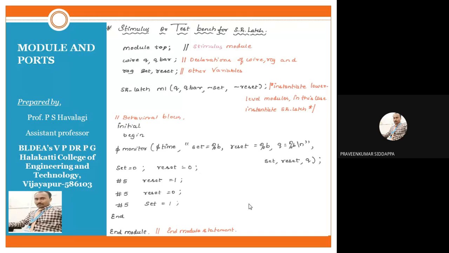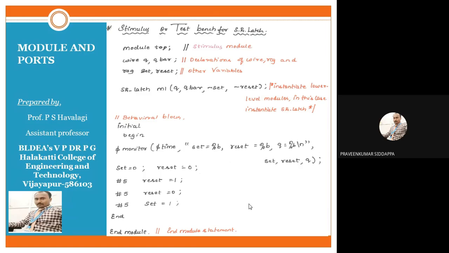We don't write the output. If you write the output, then there is no need to write the code. Is it clear? So only we should write the inputs: set equals 0 and reset equals 0. These two inputs we are applying to your Verilog code. After analyzing your whole code, depending upon these two inputs, we'll get the output.